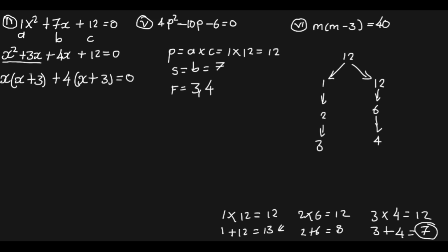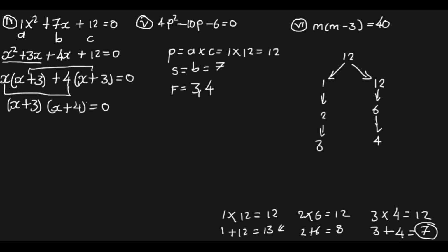So you can see that the two expressions in each bracket are equal. So we are going to get x plus 3, then x plus 4 will form a bracket, so x plus 4, then everything equals to 0.